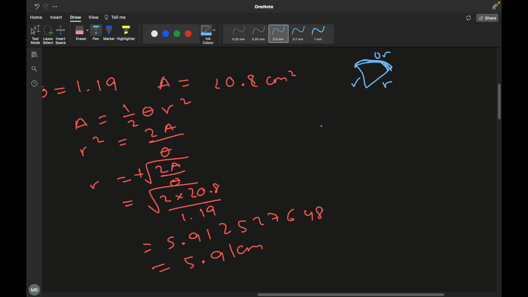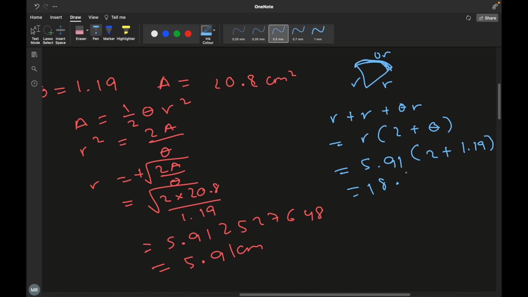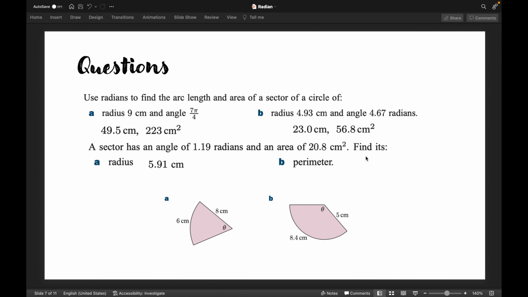So that would be the perimeter. So r plus theta r. We'll take r common. And now let's use the exact value in the calculator. It's 18.860962. We can write 18.9 cm.